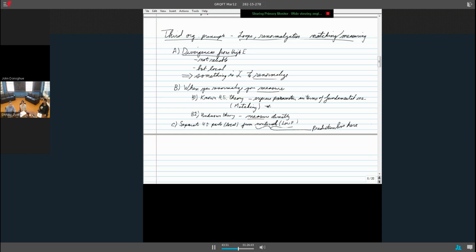And then the C is where the interest comes. You can separate then the high energy parts, because they're local again, from the non-local pieces that live at low energies, and predictions live there.